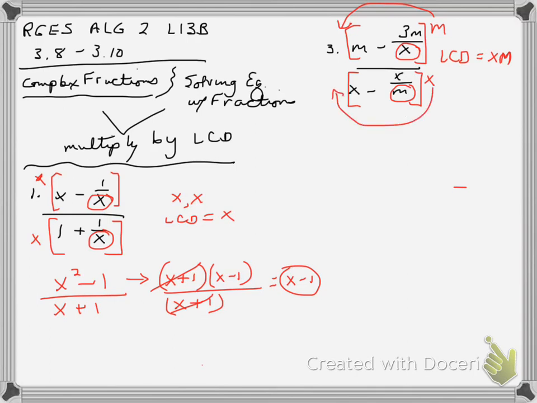Now, using the distributive property, m times m is m squared minus. I need to multiply by the entire least common denominator. Don't make that mistake, please. Okay, all right, so let's go back to here.